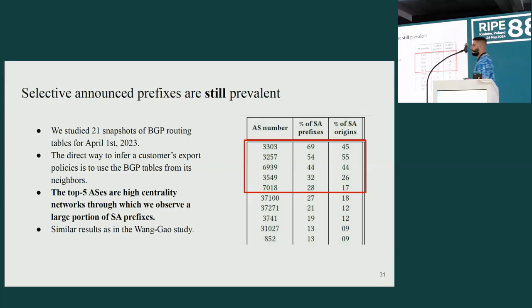You can see that the top 5 networks are high centrality networks, and we observe a large portion of selective announcements through the total number of prefixes that they observe. And this slide wants to inform us that the phenomenon of selective announcements is still prevalent even 20 years after the first time it was introduced.